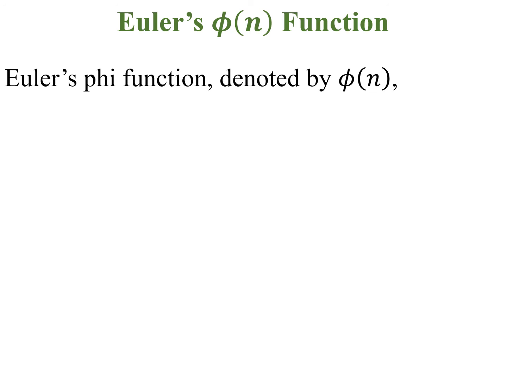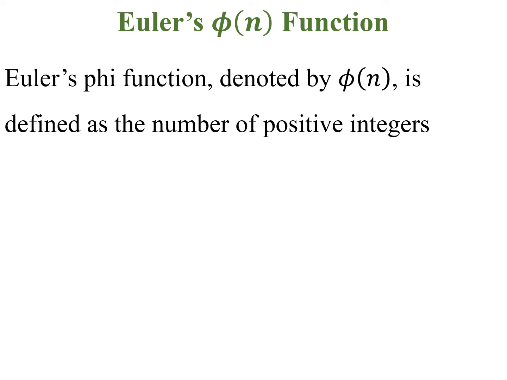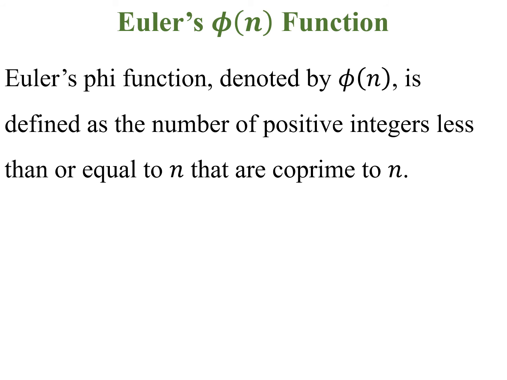Euler's phi function, denoted by phi of n, is defined as the number of positive integers. What is this? This phi of n is the number of positive integers satisfying a certain condition. What is the certain condition? Those positive integers are less than or equal to n and are co-prime to n.